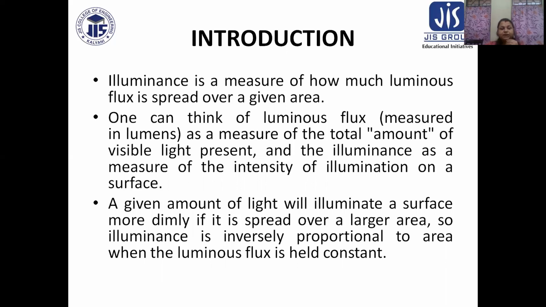So a given amount of light will illuminate a surface more dimly if it is spread over a larger area. So illuminance is inversely proportional to area when the luminous flux is held constant, because I already told you E equal to F by A. So if F is constant, that means luminous flux is constant, then can we say E is inversely proportional to A, or E is directly proportional to 1 by A?